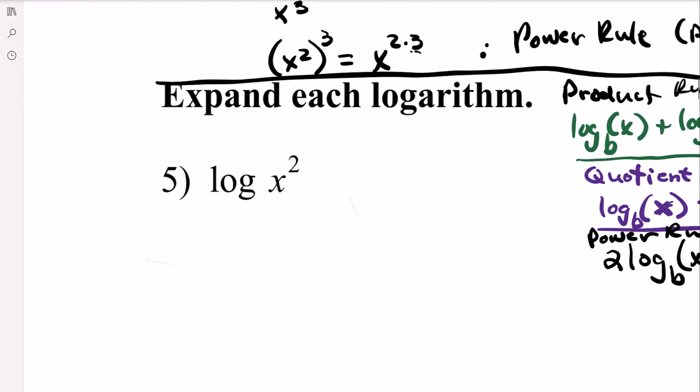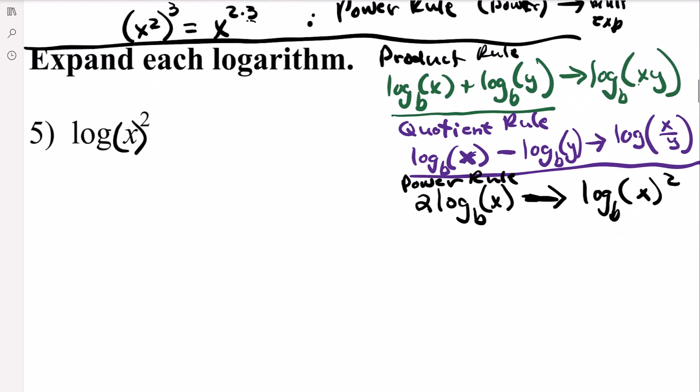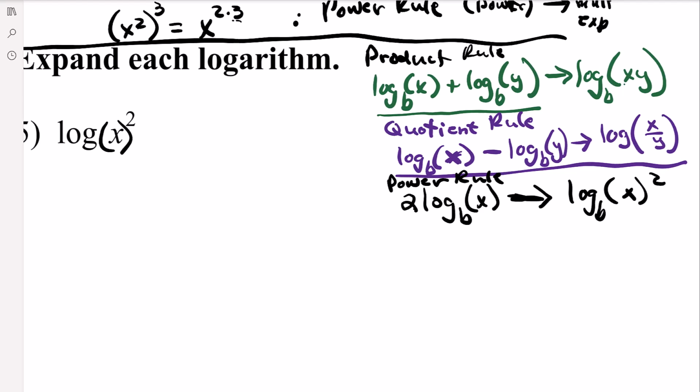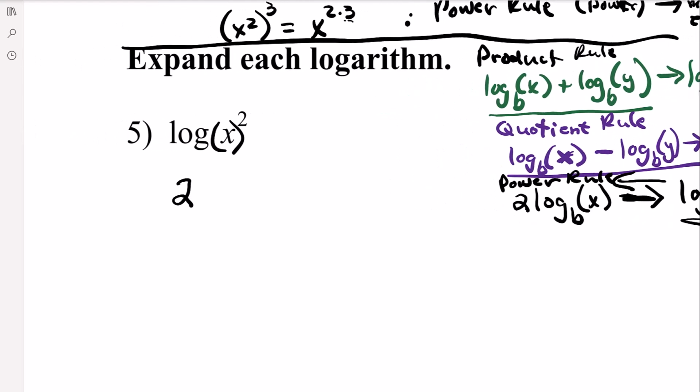All right, let's see that applied. So notice this is a log with a power. That's what this is. So if we work backwards, that exponent of 2 comes down in front and multiplies. So this becomes 2 log x. So that's a really easy one.